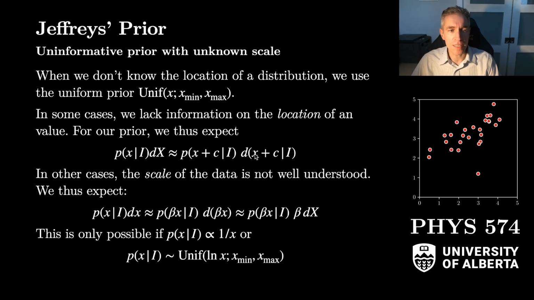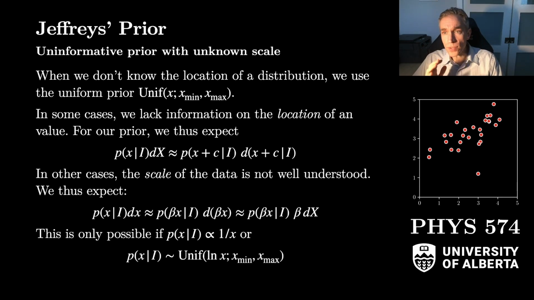And if I expand this differential, you find that d of x plus c is about the same as d of x, just using the rules of calculus. And so that means that p of x conditioned on I is approximately equal to p of x plus c conditioned on I. It's basically a statement of a uniform prior, but it is saying it in a way that says we don't know the location of the data.